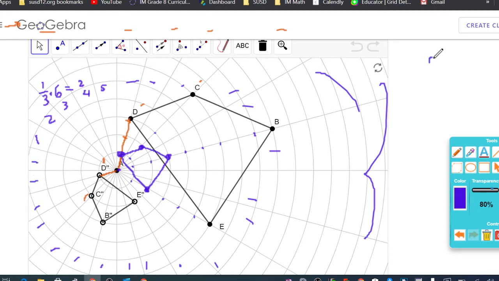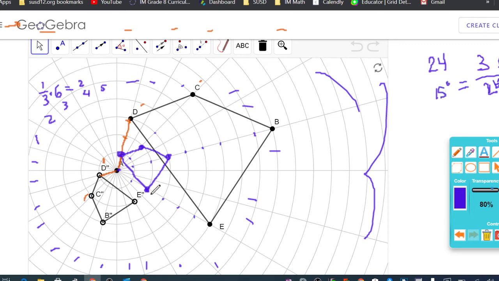There are 24 grid spaces around this circle. Remember that a circle has 360 degrees. So I already calculated that each one of these grid spaces is 15 degrees, because 360 divided by 24 is equal to 15 degrees.